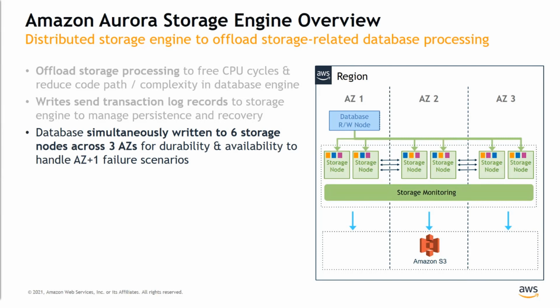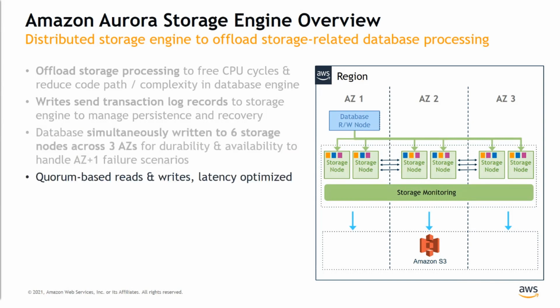In other words, I can lose an entire availability zone and still maintain read and write access for your applications. Even with an AZ+1, let's say, for example, one of the storage nodes goes down in one of the availability zones, as well as an entire AZ, we can still provide read access, and we'll go into some of the details around that shortly.